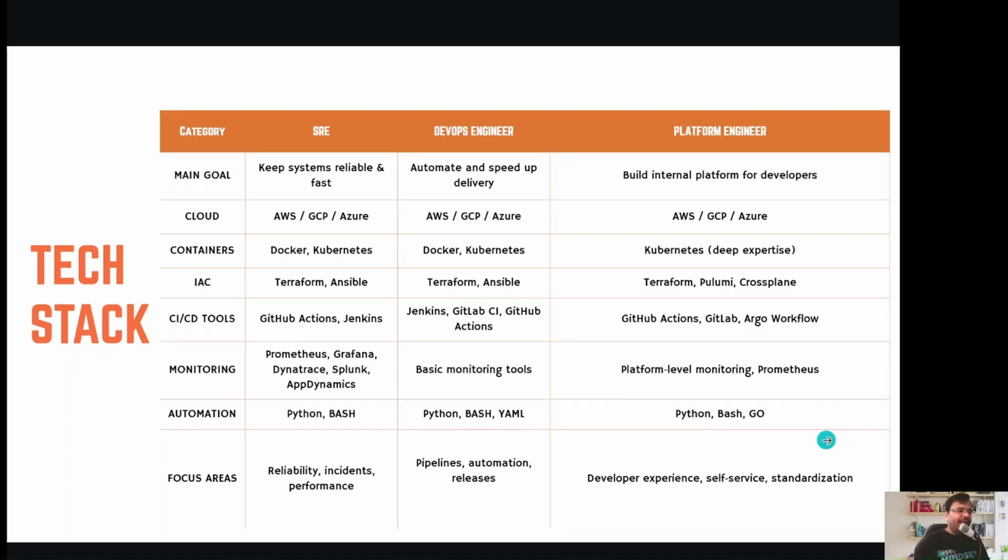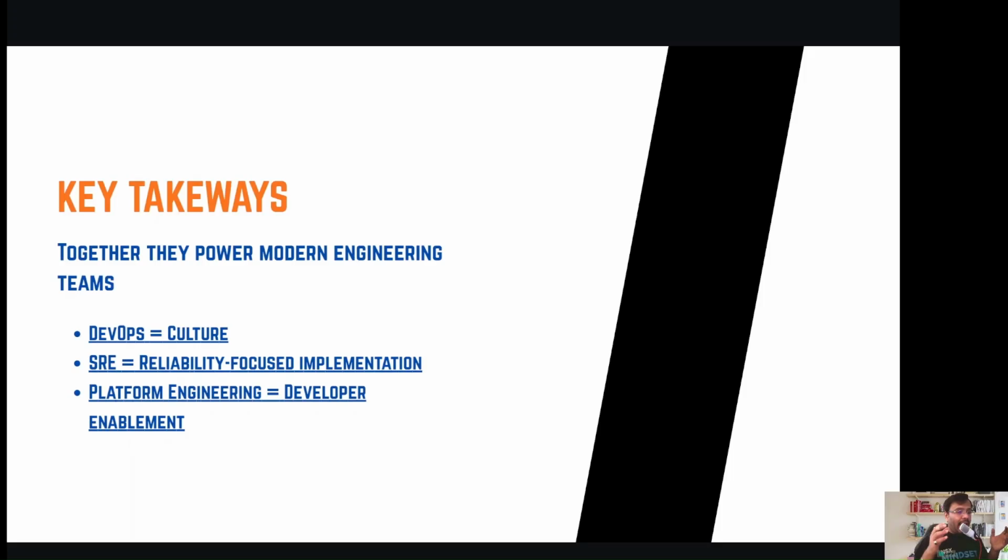And the key takeaway is togetherness and collaboration. Together, these teams are the modern engineering teams. See, DevOps is basically about the culture, SRE is about reliability and resilience, and the platform engineer is about developer enablement.